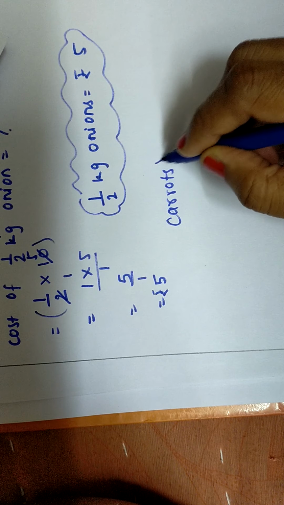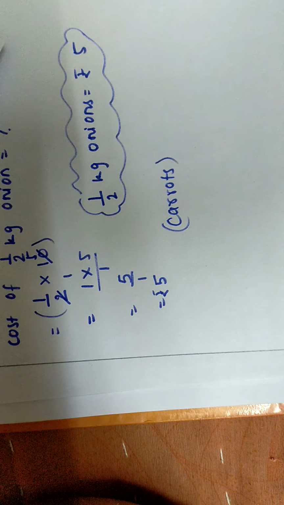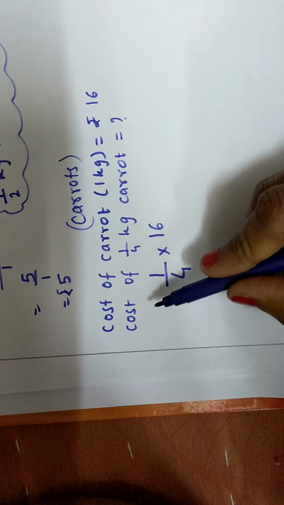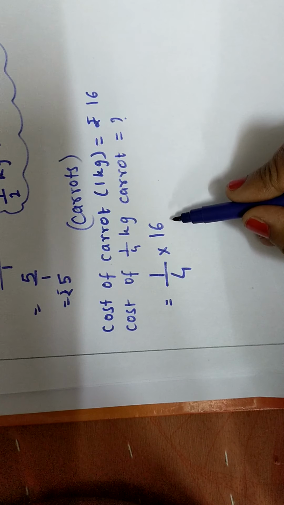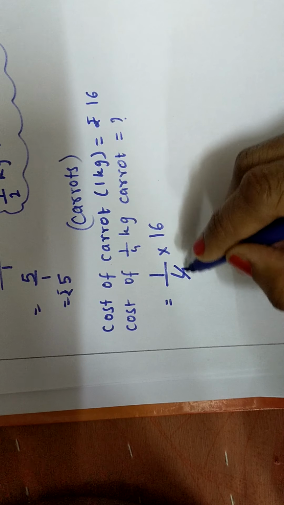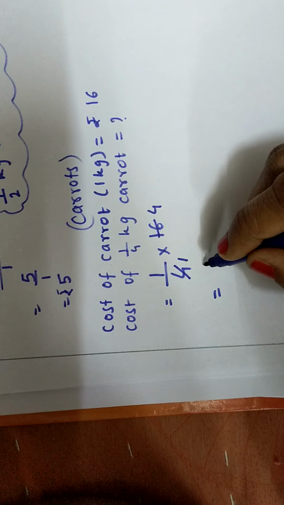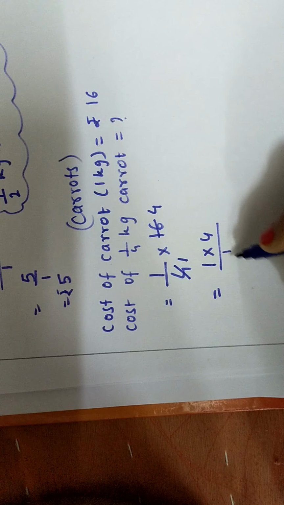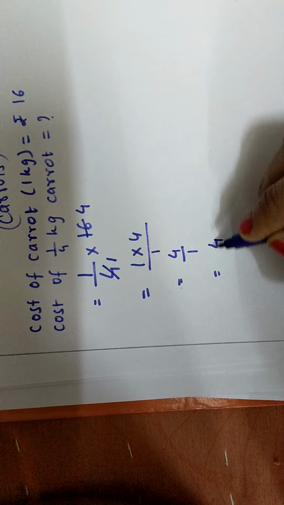You know the rate of the carrot is rupees 16. So the cost of carrots 1 kg is 16 rupees. So the cost of 1/4 kg carrot is equal to what? 1/4 of 16, right? So here we will divide. 4 ones are 4, 4 fours are 16. So 4 ones are 4 divided by 1, and here the answer is rupees 4.